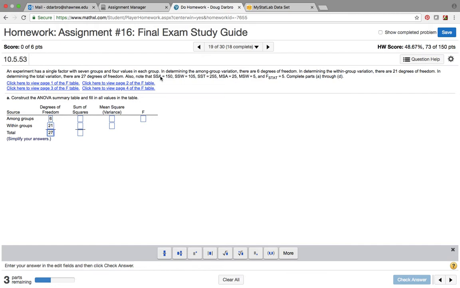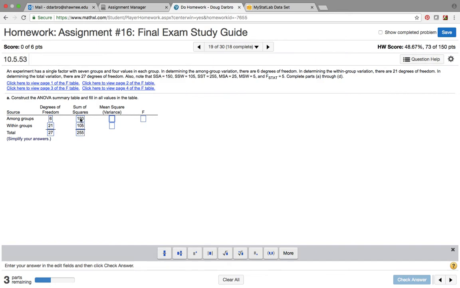The sum of squares for among is 150. The sum of squares for within is 105. Total sum of squares is add those two together, so it'll be 255. Now the mean square variance, it calculates that for you.